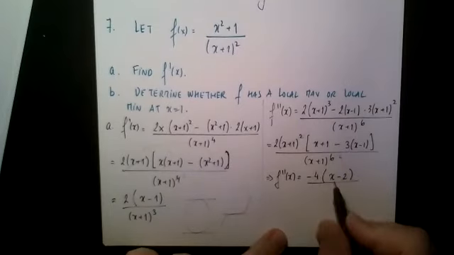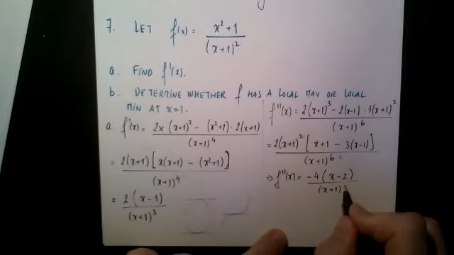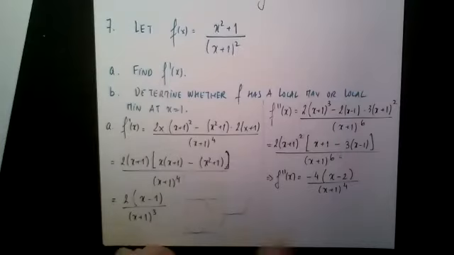This is what you get if you simplify, and on the bottom I have x plus 1 to the power of 4. Okay, so this is what I get for the second derivative.